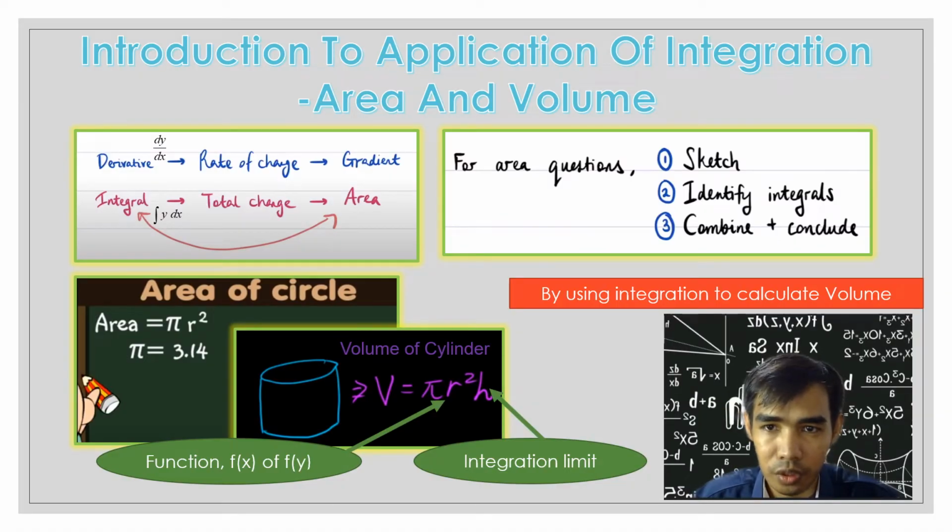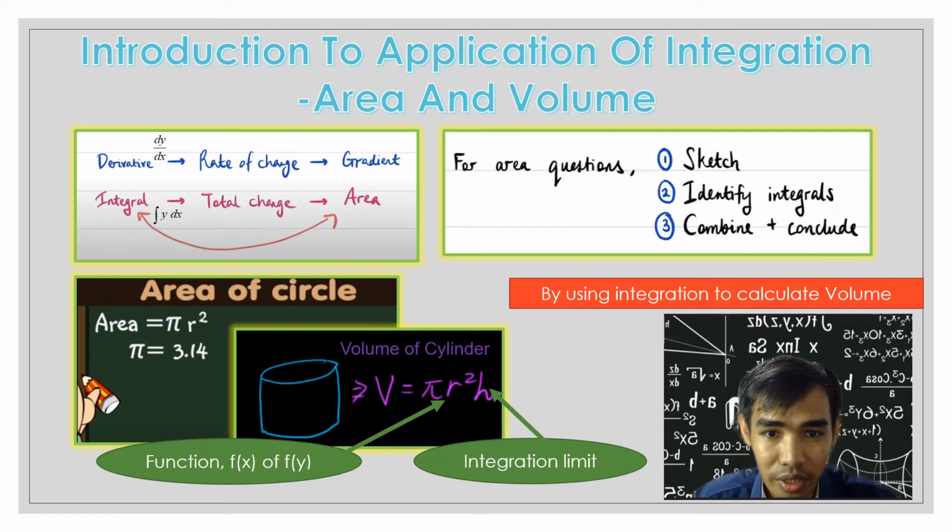Before we solve the questions, we look at the introduction to the application of integration, area and volume. Before we learn integral, we learn about its derivative, dy over dx. For integral, we know the sign of integral, y dx. From the derivative we get the rate of change and the gradient, but from integral we get the area.